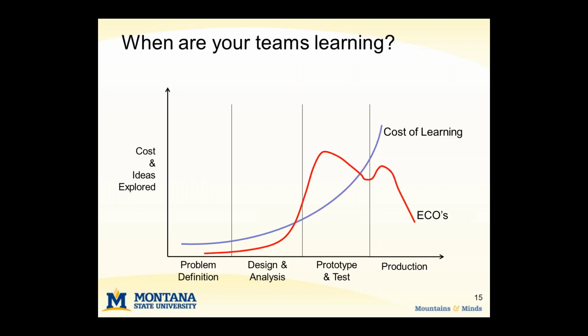So researchers in product development have studied engineering changes, and what they find is that there seem to be a lot more changes later in the development cycle than earlier. This is a little bit counterintuitive if you map it on the cost curve, because it looks like we're investigating new ideas when it's pretty expensive to do that.